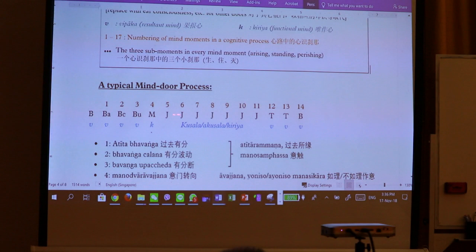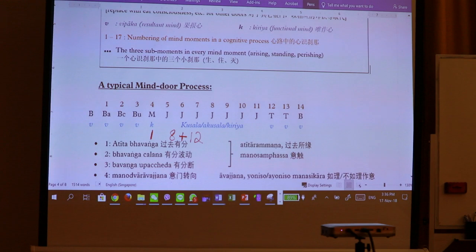But the 7 javanas means one of the sense sphere wholesome. How many sense sphere wholesome? Kamavacara kusala? There are 8. One of the 8 kusala, and in the same way one of the 12 akusala. Okay, this is for us.